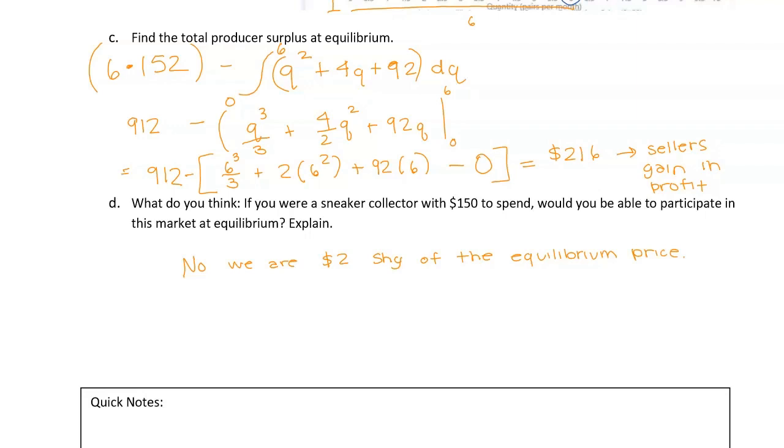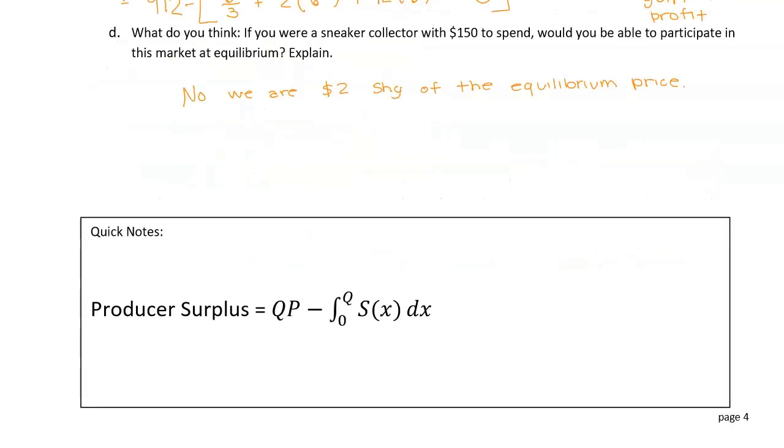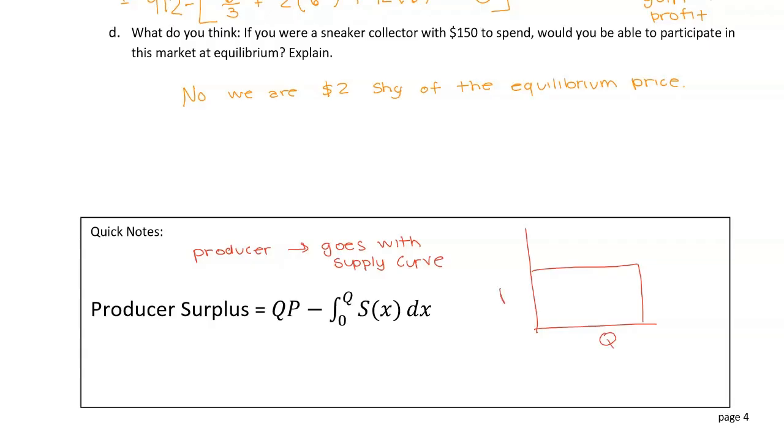Okay, now let's put everything we just did into some notes. What we just did is called producer surplus, and producer surplus goes with the supply curve. Graphically, we have our quantity here and our price here, and here we have the supply curve.